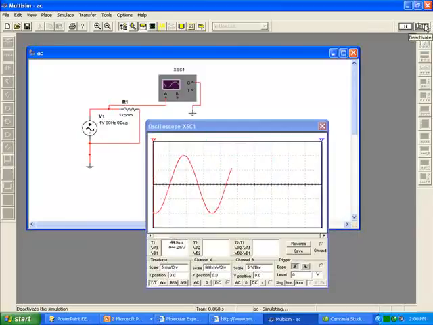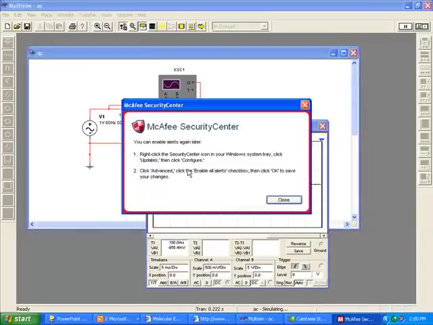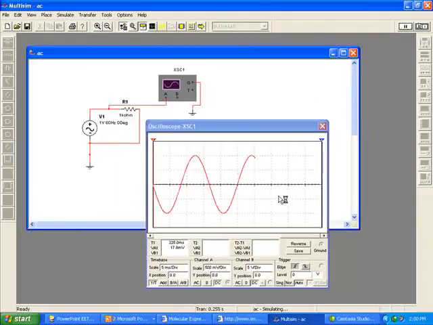We see the sine wave being generated, and we're measuring it on the oscilloscope. Okay, ignore that, that was a computer glitch. I didn't expect that to happen. Okay, let's continue. Here we have our 1 volt 60 hertz signal being generated, and we're looking at it on the oscilloscope.